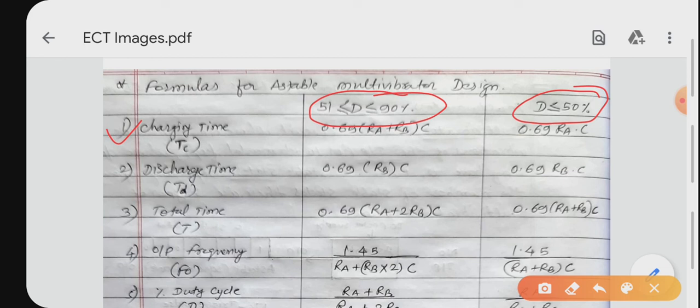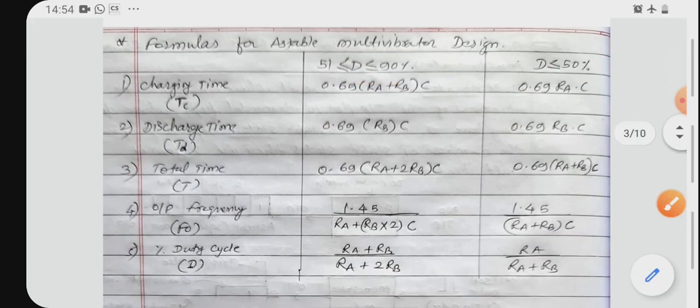For 50% or less than 50%, we have to select the formula 0.69 RA into C, and for the other range we have to consider the other formula. Discharge time TD is 0.69 RB into C for duty cycle between 51 to 90%. This is for duty cycle equal to or less than 50%. So total time T, then operating frequency for these two categories, and then percentage duty cycle for these two categories. You have to keep in mind these formulas before solving the problem.